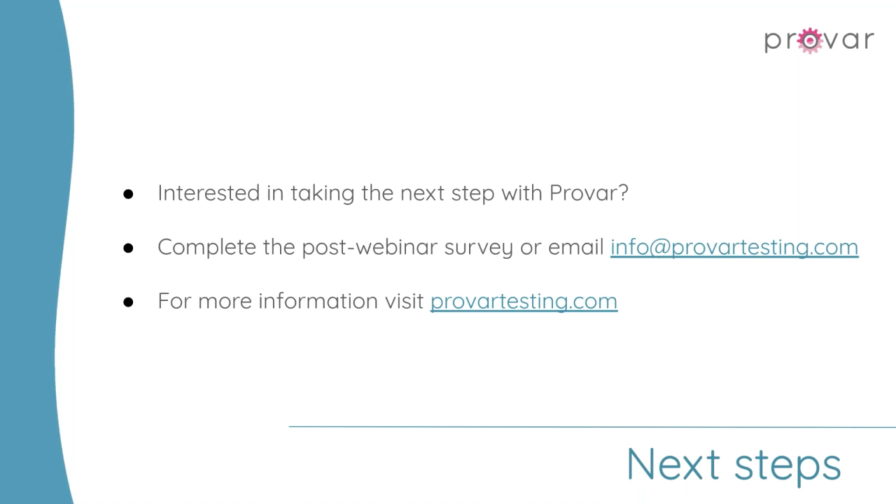Fantastic, thank you. The next question is, how does Provar differ from Selenium? And a similar question that's also come in is, is coding needed in Provar, or is it a codeless tool? Yeah, I can take this one as well, and I'm assuming the Selenium question is around the code-based approach of writing your own custom framework, et cetera.